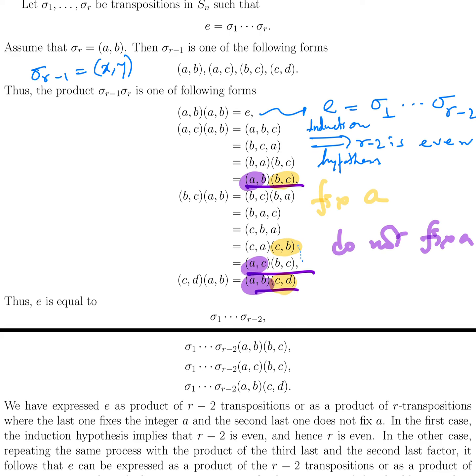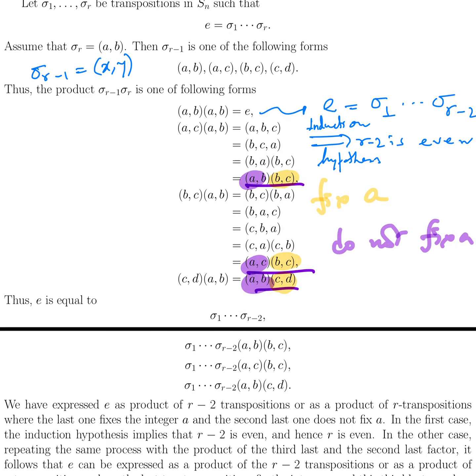This should be here. Anyway, the earlier marking was not wrong either. Anyway, so in the remaining three cases, we have expressed this product of the very last two transpositions as a product of, let me call it a violet times yellow. And the yellow one, the last one, it fixes A, and the first one does not, so the first one doesn't fix A.